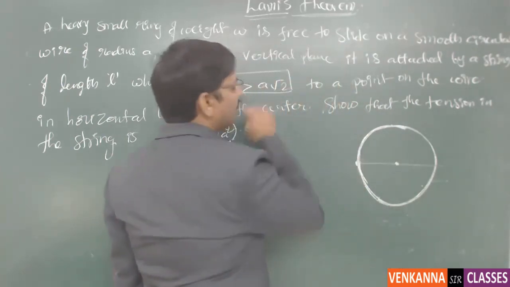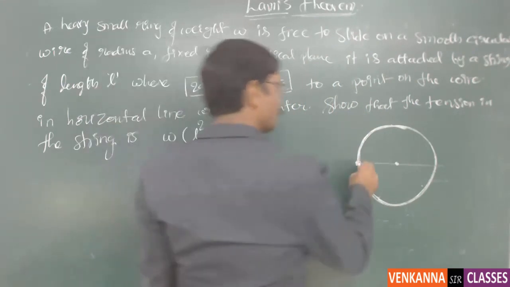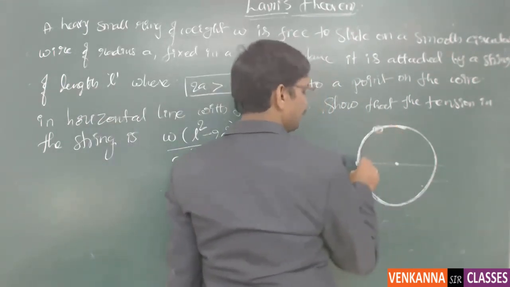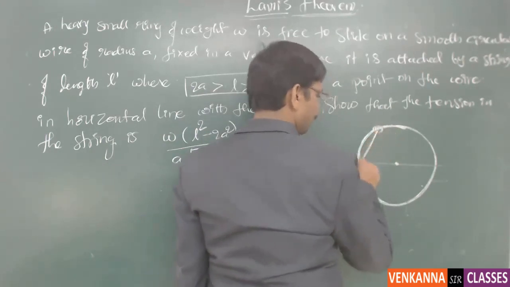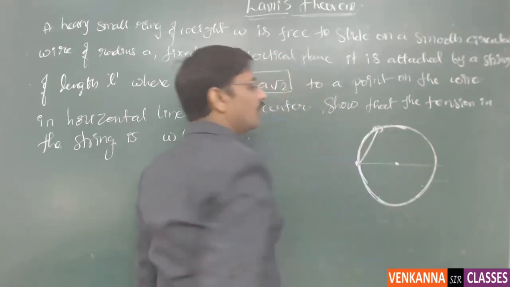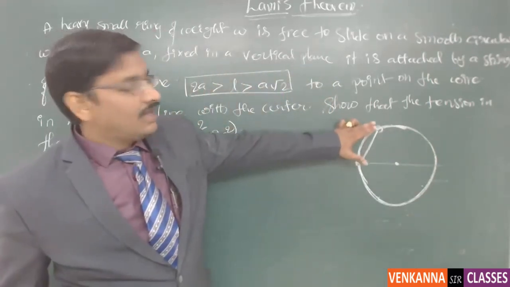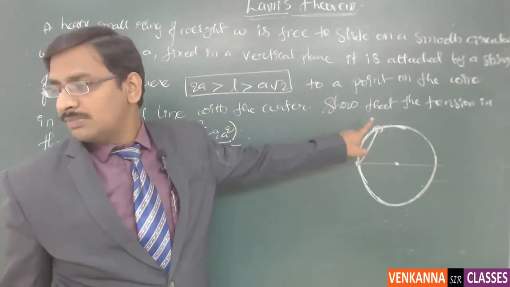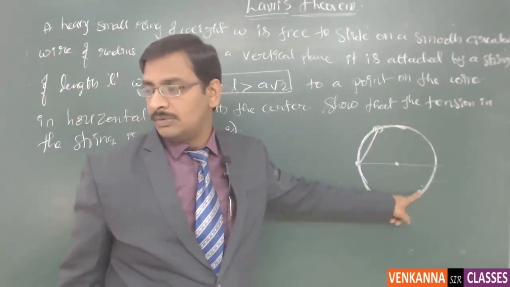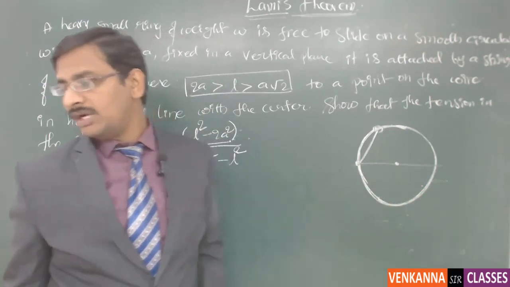Now the other end of the string is attached to a ring like this, and this ring is free to slide. Now where will this ring stop? Will it be here or here, or will it go here? Where will it be?